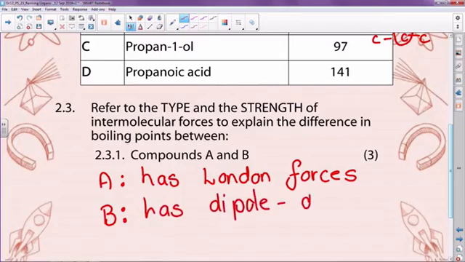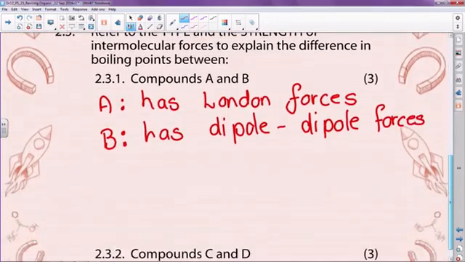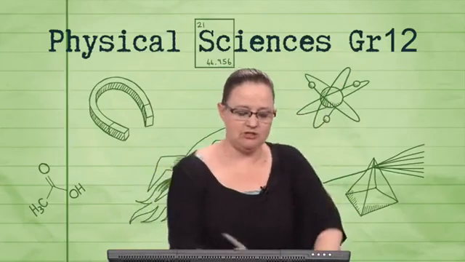Now, I have referred to the type of forces. I've named them. You can't just say intermolecular forces. From here, and I have to be honest, I think they were a bit mean on the mark allocation here, you go A, and you can either do it from A's point of view or from B's, it doesn't matter. I do it from A's because it's the first one I mentioned.